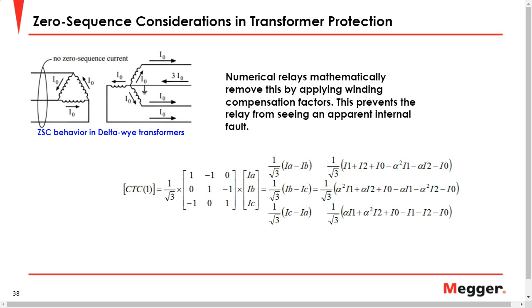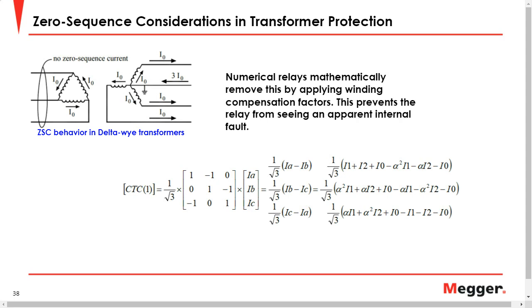We can use compensation factors, and as you can see here, this is the compensation factor for a single 30-degree phase shift. Whenever we're calculating this current, we're subtracting IB from IA, and then for our IB, it's IB minus IC, and IC minus IA.